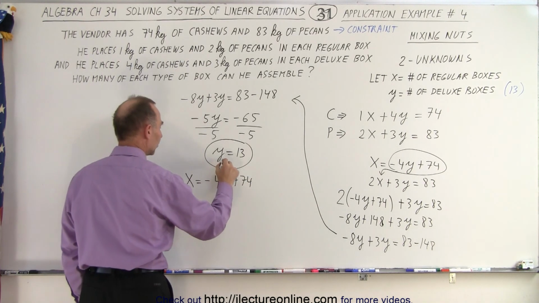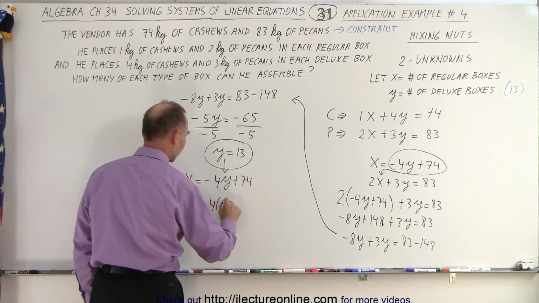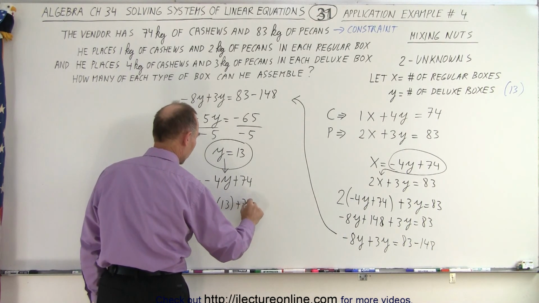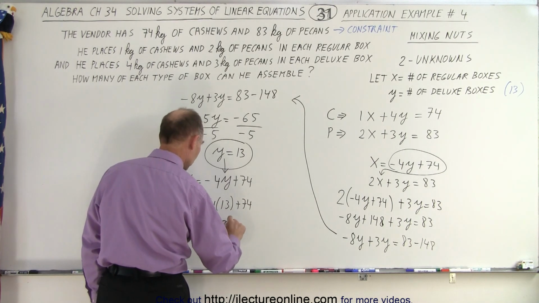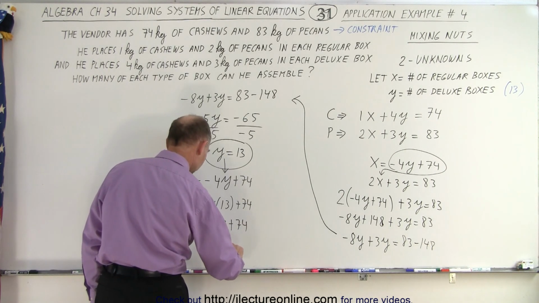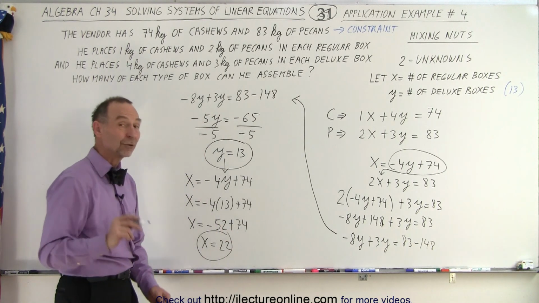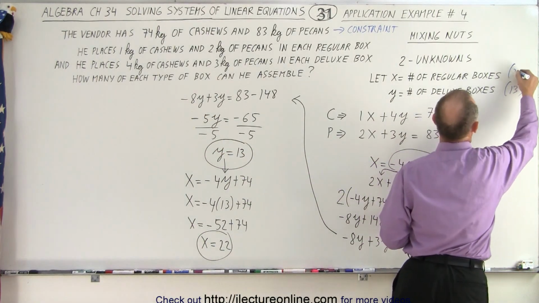Now we're going to replace y by 13. So x is equal to minus 4 times 13 plus 74. So we have x is equal to minus 52 plus 74, or x is equal to 22. So it looks like we can make 22 of the regular size boxes. That would be the other part of the answer, 22.